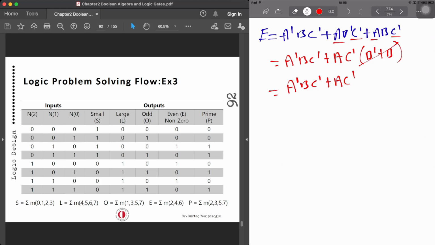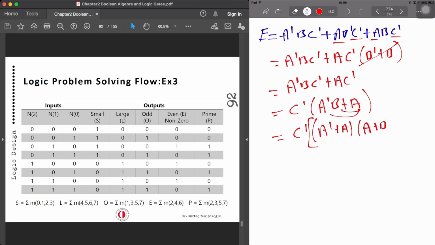Where C prime is common, we can take C prime out, leaving A prime, B, or A, and then multiply them out. So C prime, A prime plus A, and A plus B is what we are going to get. This is 1. This is going to be C prime, A plus B, and you can write it as A, C prime, or B, C prime. So you can find the other ones using a similar method, by using algebraic manipulation, and implement them.